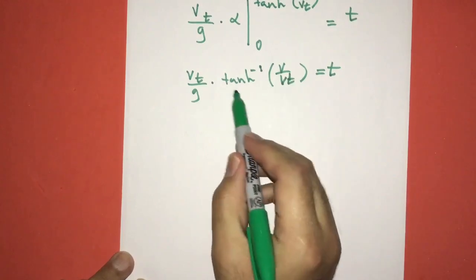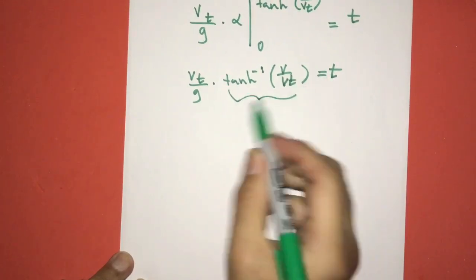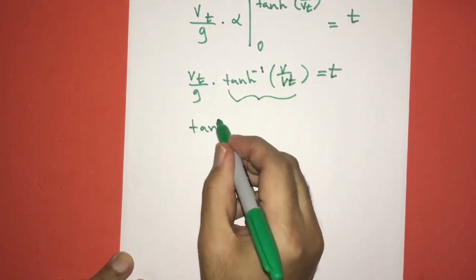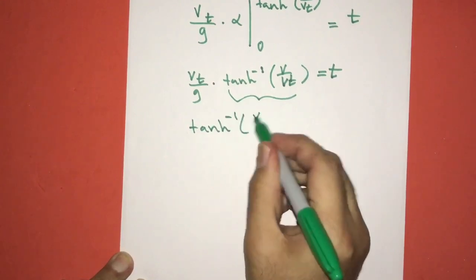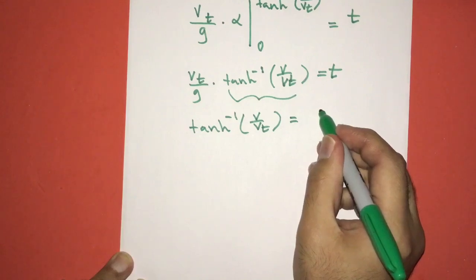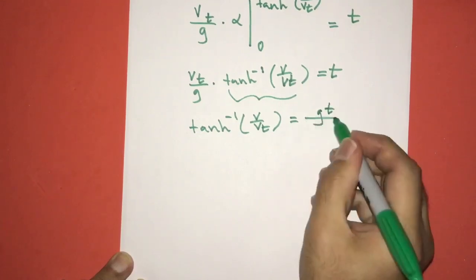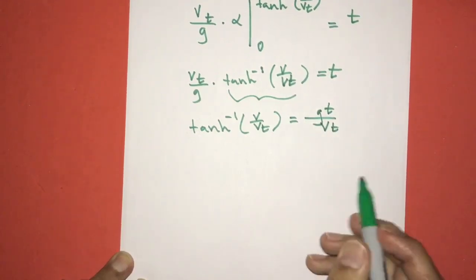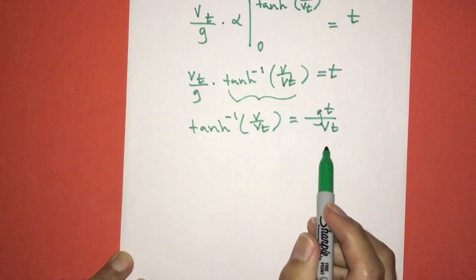So what can we do next? We can get this term alone. We're going to get the hyperbolic tangent inverse of velocity over vt equal to gravity times time divided by our terminal velocity.